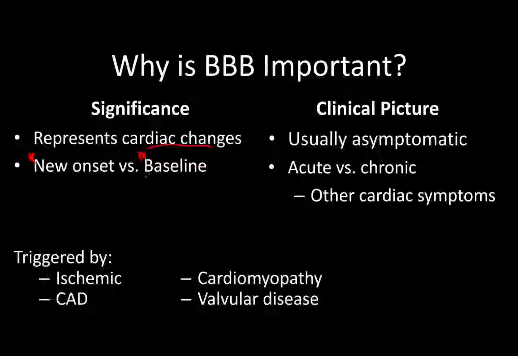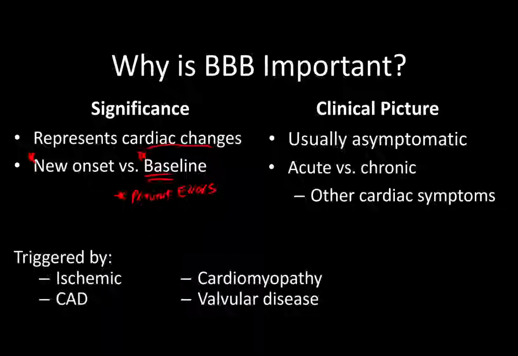Whereas if it's their baseline, that's extremely helpful too, because if you know it exists, that will help prevent you from making errors later. That wide QRS can sometimes look like a different rhythm, particularly if the patient's heart rhythm starts going really fast or really slow, things like that. So that's really the big benefits there.